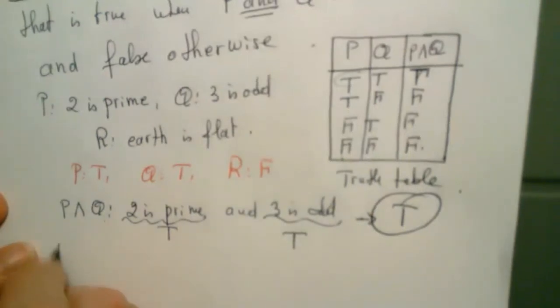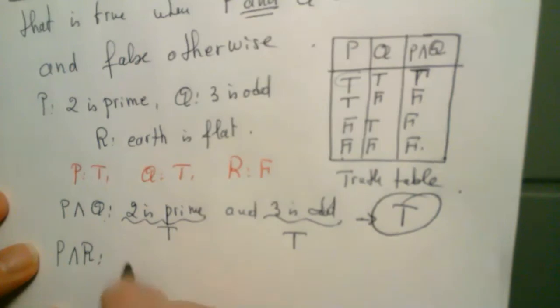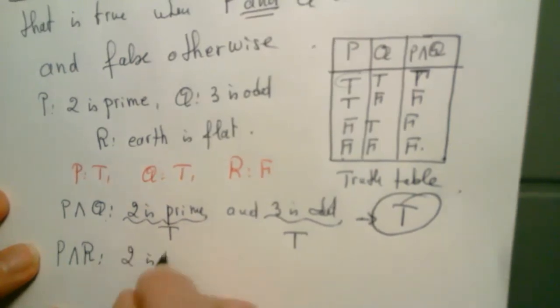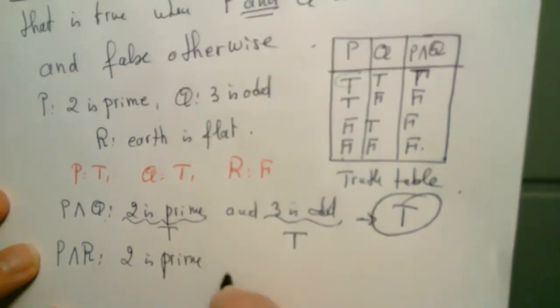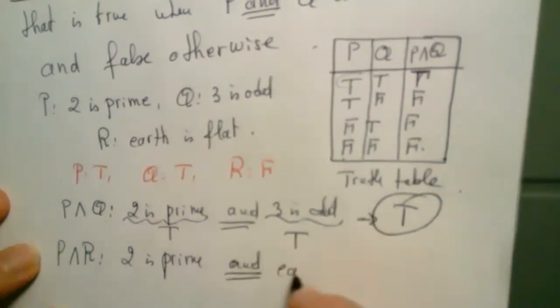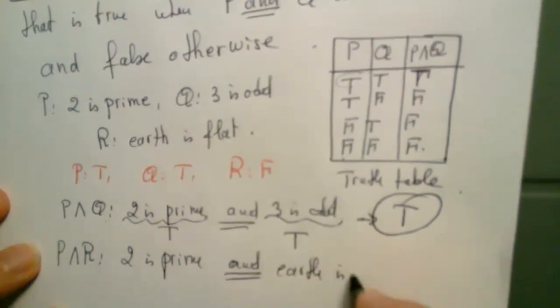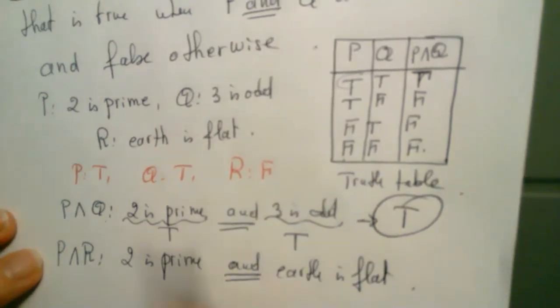Now, what if I take P and R? What does this read? 2 is prime and the Earth is flat. Okay, what does this mean? Is it true or false? This is true.